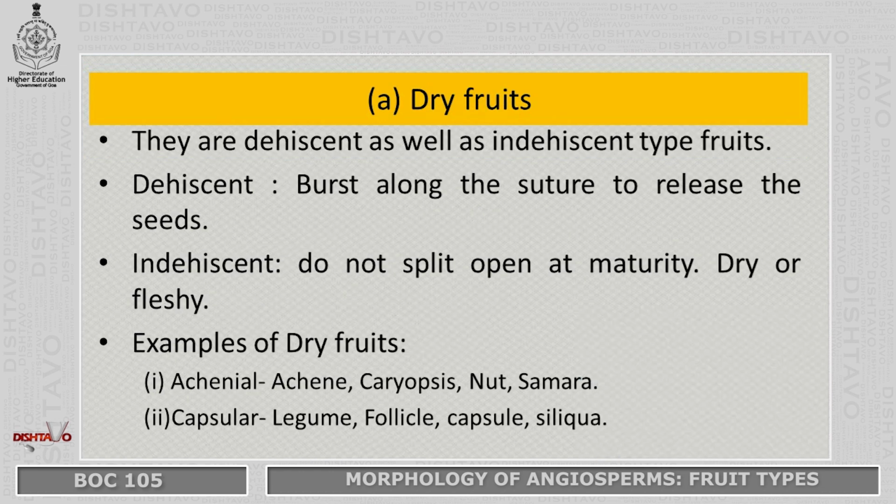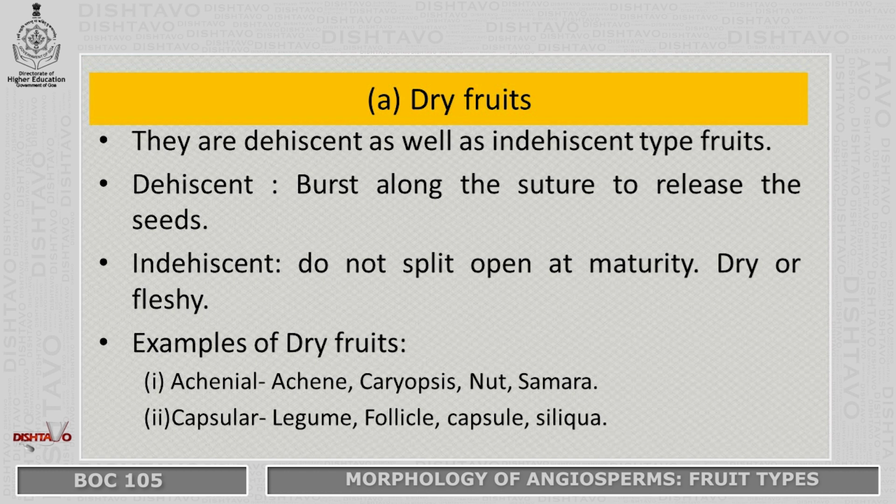Let's have a look at the first type, that is the dry fruits. Now, dry fruits are dehiscent as well as indehiscent type. Dehiscent means it bursts along the suture to release the seeds, and indehiscent means it does not split open at maturity. Now the main examples under these dry fruits are in two categories.